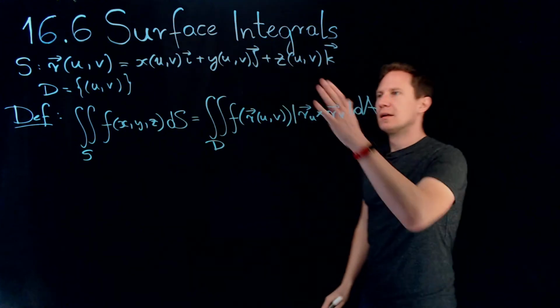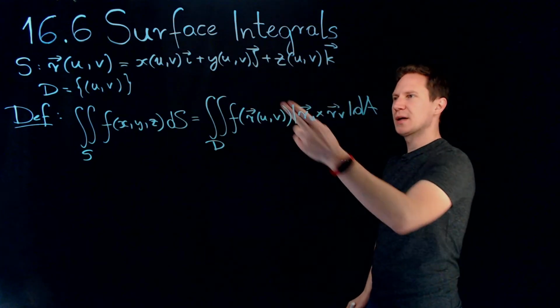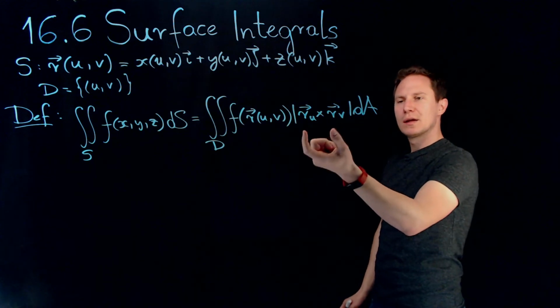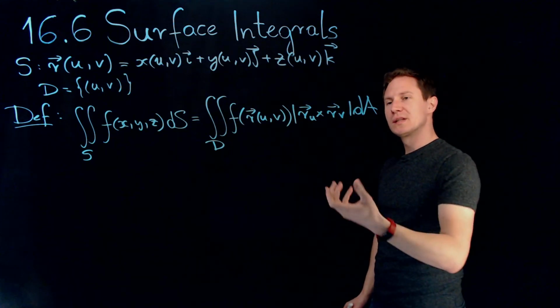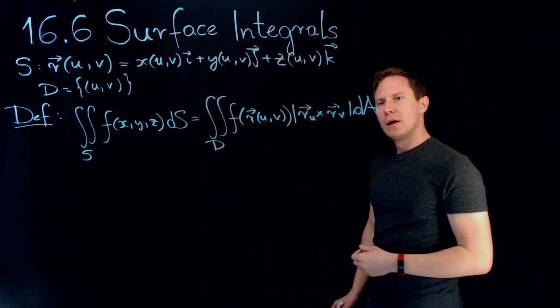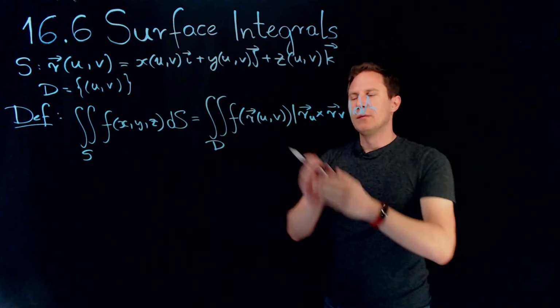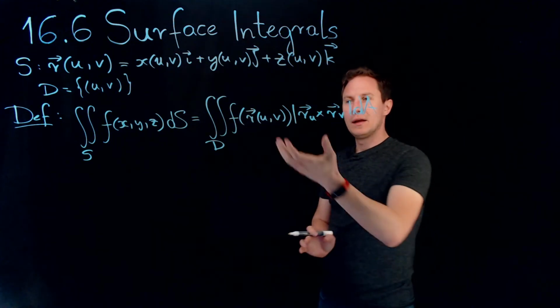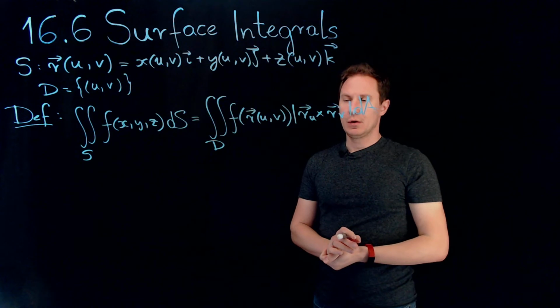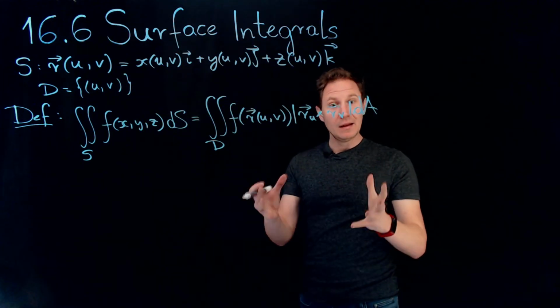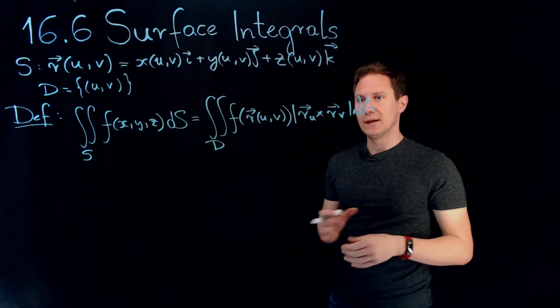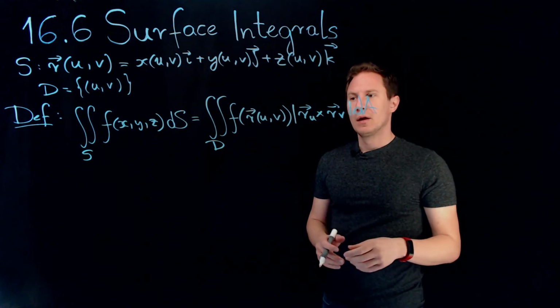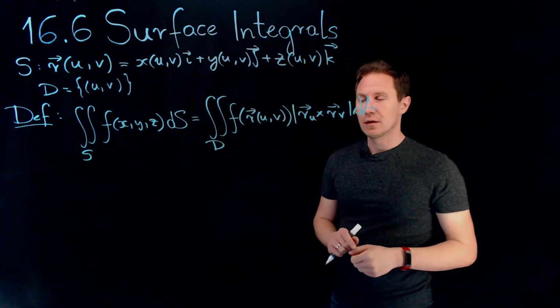So we differentiate this vector function with respect to the variables u and v, take the cross product of the resulting vectors, compute its length, and multiply that by the value of the function over the surface, and integrate this as a double integral in u and v.